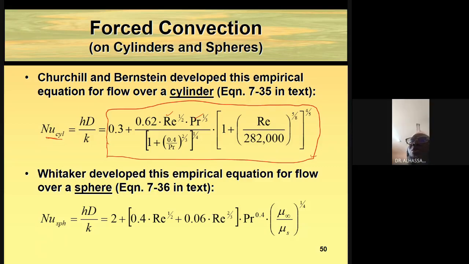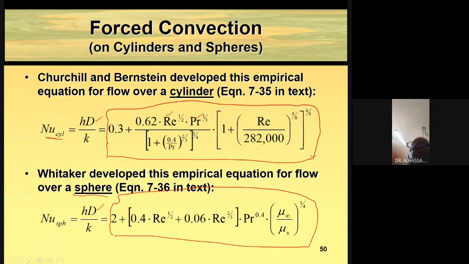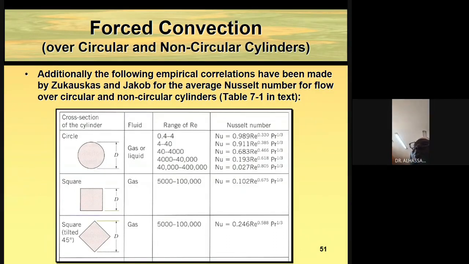Whitaker developed this empirical equation for flow over a sphere. So if you are using a spherical surface, the governing equation is this equation. Again, this D is the diameter of the sphere, and for a cylinder, it is the diameter of the cylinder. So various governing equations are given here.